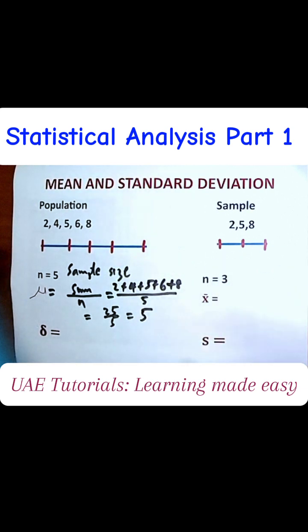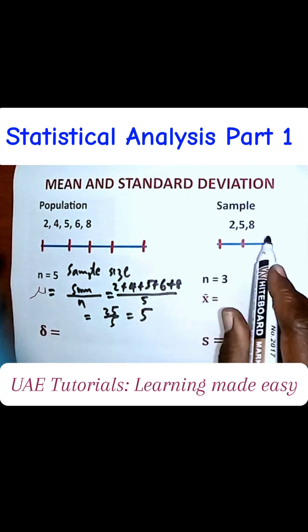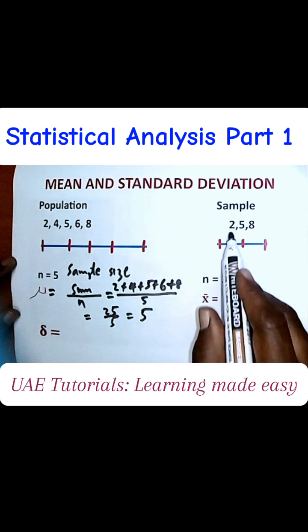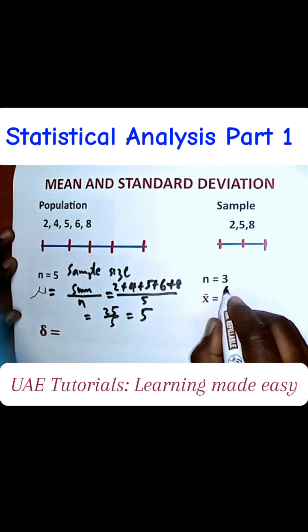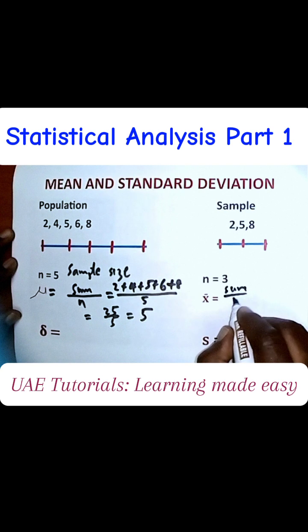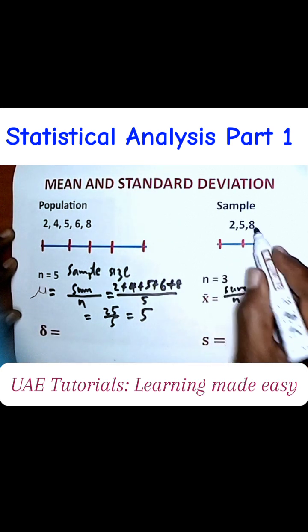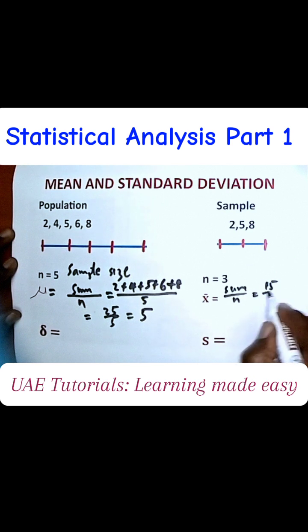For the sample mean, it is just the same method. You are just taking an average of those numbers that you pulled out as sample. And if you look at this, sample mean is the same thing. Sum all over the n. 2 plus 5 plus 8, that gives you 15 all over 3, which equals 5.